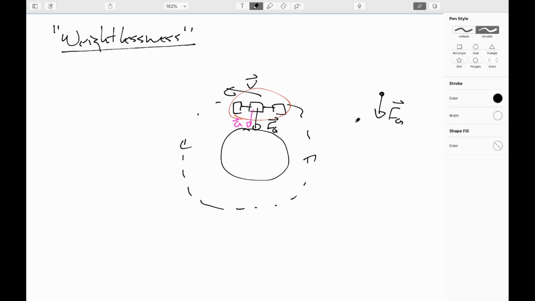But because the physics community is not universally agreed on that term, NASA coined an alternate term which also has its problems. They like to call it microgravity.